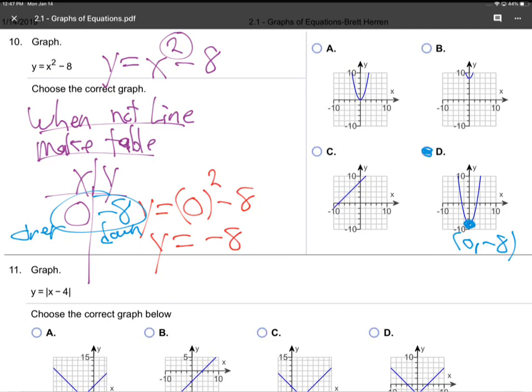Is that making sense? If it's regular x, regular y, get y alone, do the slope thing, and find your 2 dots for a line. If it's x squared, or like the next one, absolute value, so it's not going to be a straight line, make a table. So let's do that next one, the last problem in the section. Number 11, y equals absolute value of x minus 4.